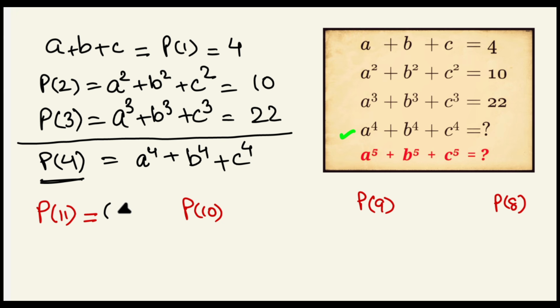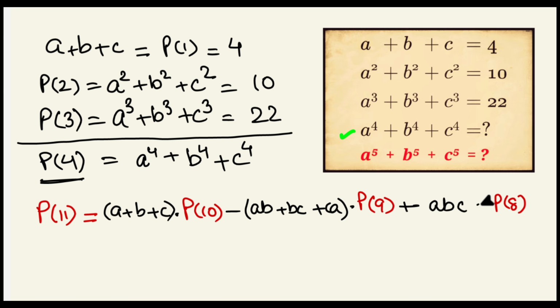So here what will come is a plus b plus c into p10. Once you do this multiplication, you will get p11, but you'll also get some extra terms which you will need to subtract. So we'll subtract ab plus bc plus ca into p9. This will result in some extra subtraction which you will need to add back with a final term, and this will give you p11.